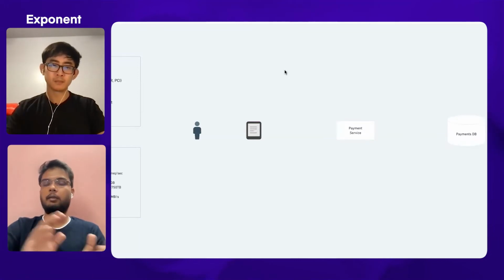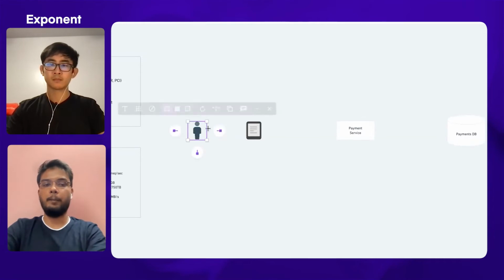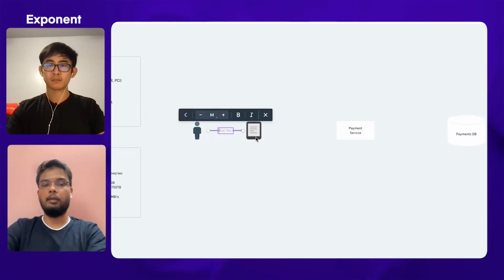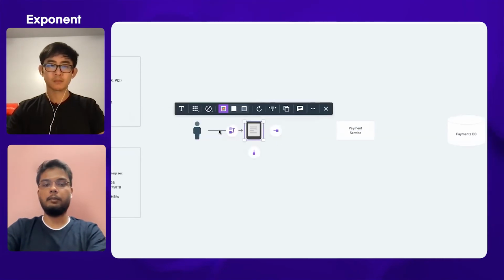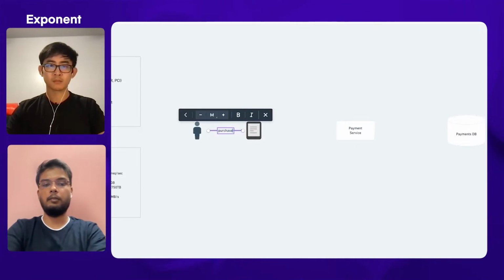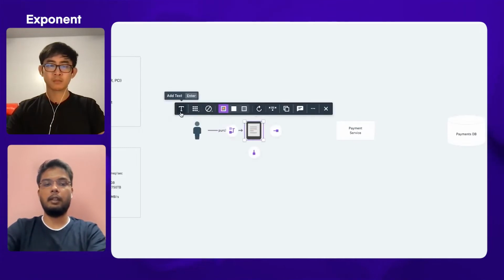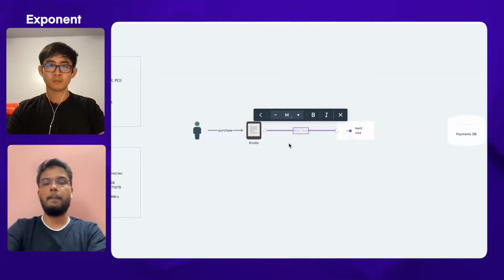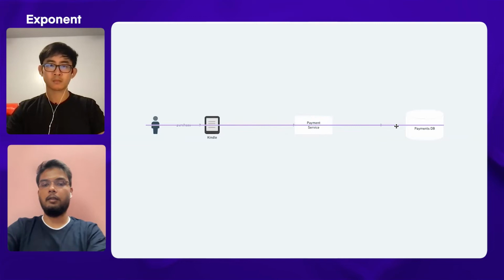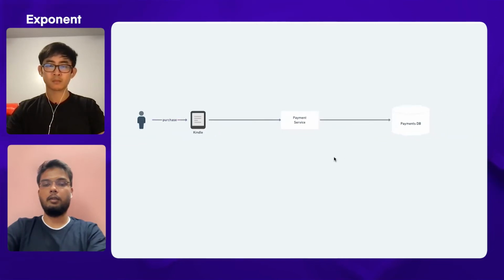So they will just be sending requests to the backend. So let's do the purchase, and let's do Kindle. Okay, I'll get back to this step and go to the payments DB.